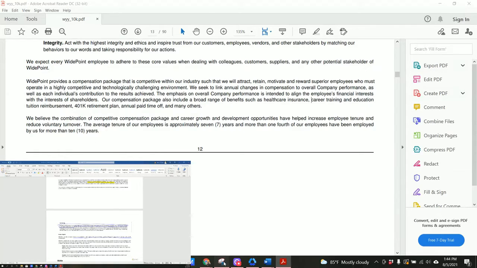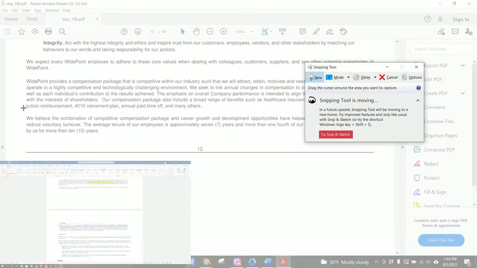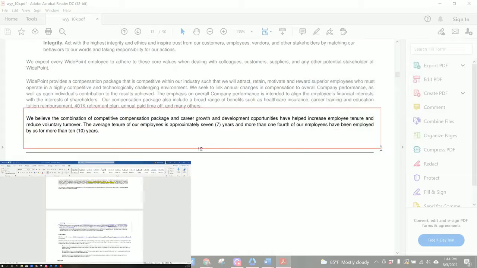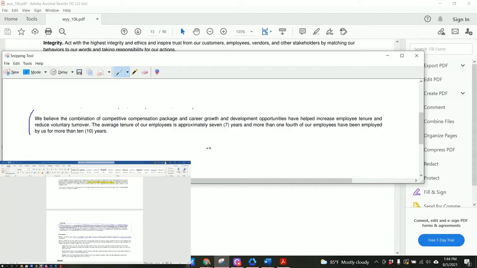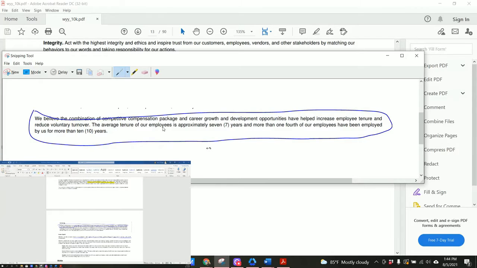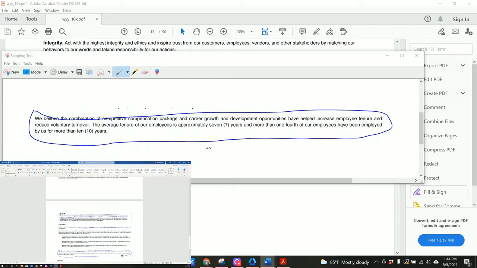This is interesting. This whole thing is interesting. The average tenure of their employees is 7 years, and a quarter of their employees have been employed for more than 10 years. That means people generally like working for them.